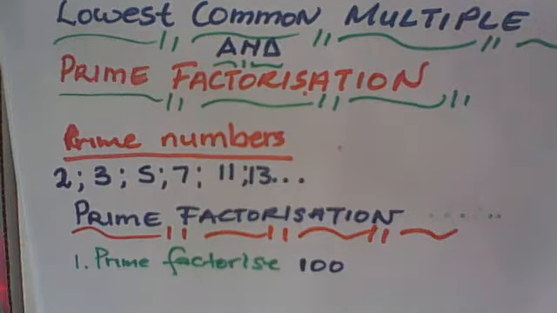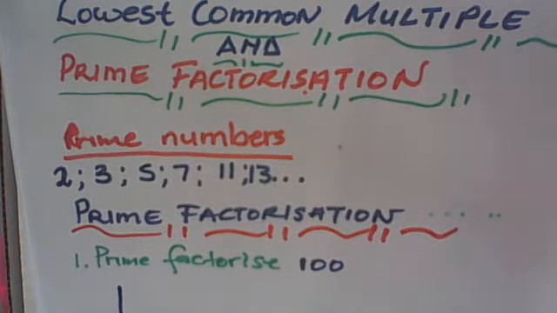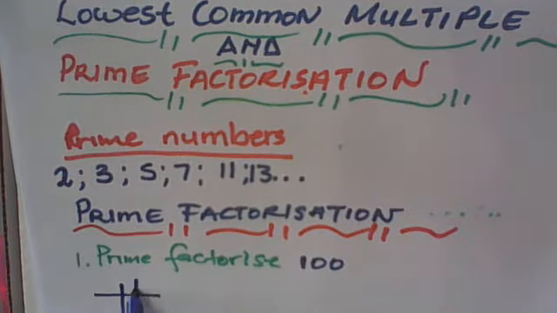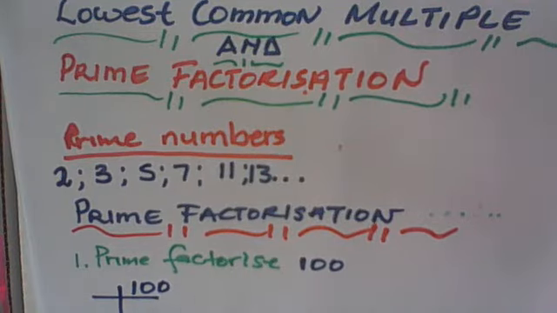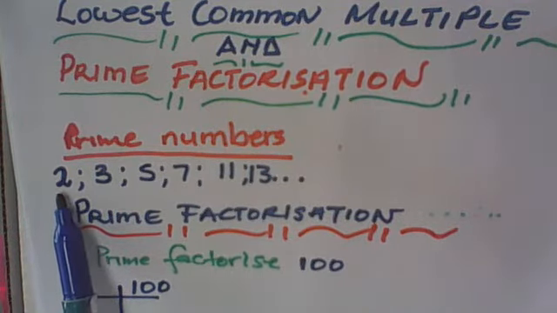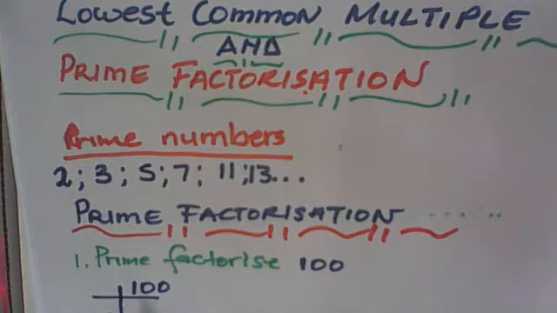So the old system used this. They wrote 100 here, and then they started with 2. Is 100 divisible by 2? Yes. And then they will write it just here.